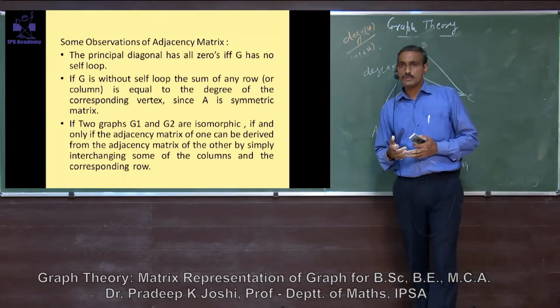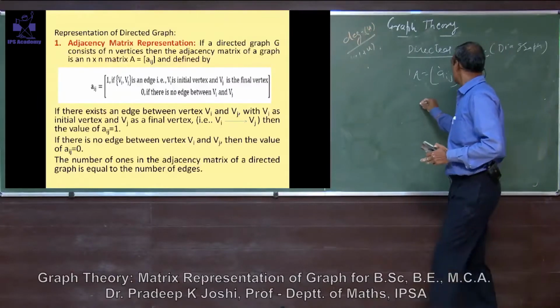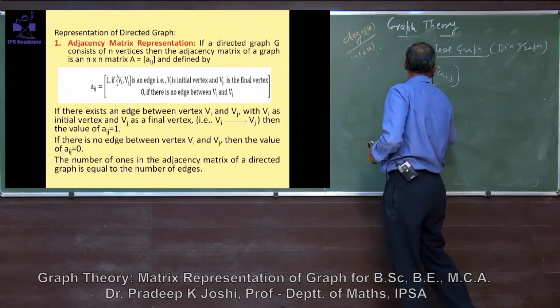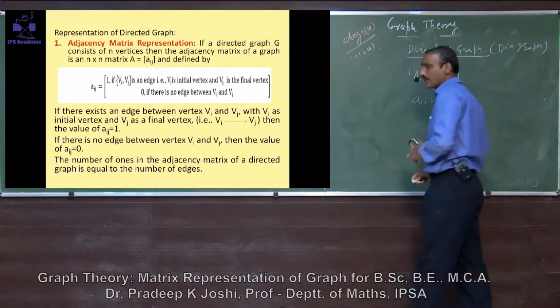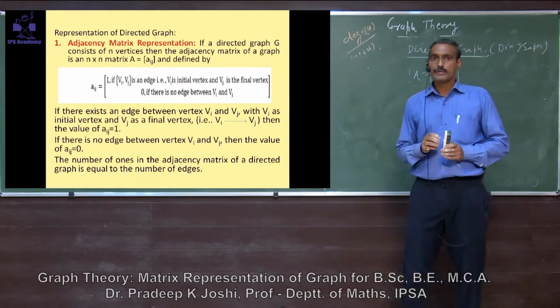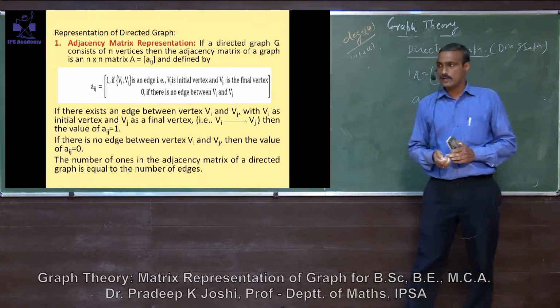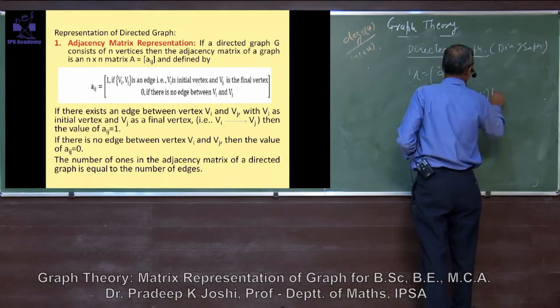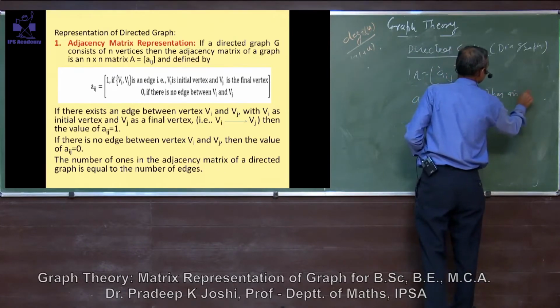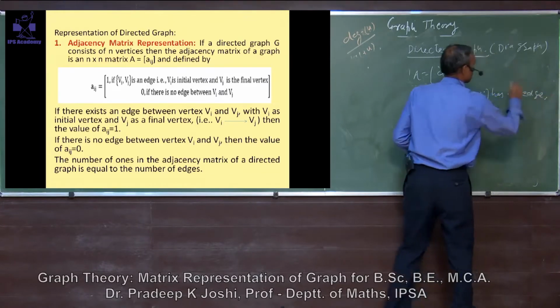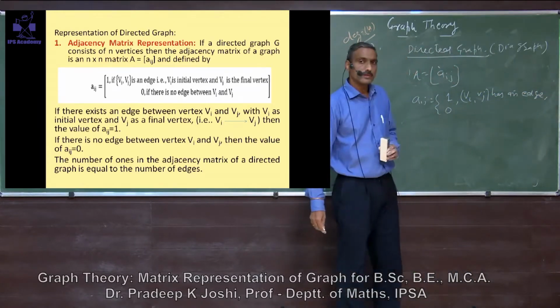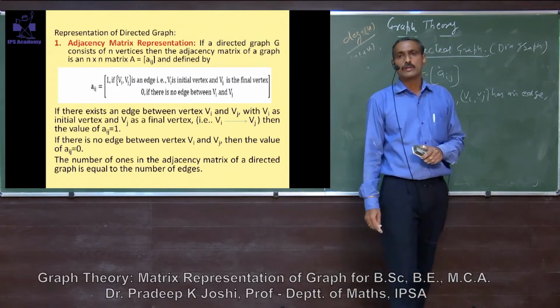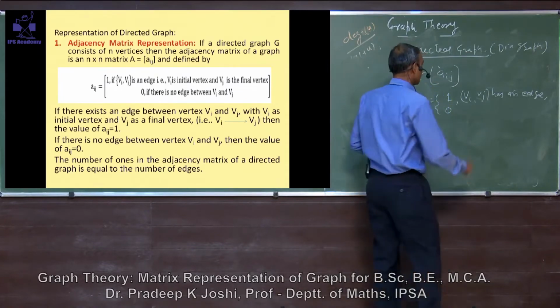We take two graphs, and Aij will be 1 or 0. Aij is 1 if there is an edge from Vi to Vj, that means Vi is the initial vertex and Vj is the final vertex.